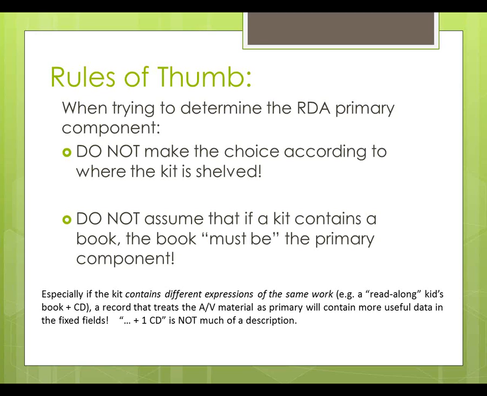So you don't have to make that choice at the very beginning, and you shouldn't. You shouldn't assume that anything that has a book in it means the book is the primary resource. I know librarians tend to like books, but that is reductive and it leaves information out of the catalog that otherwise you could find room for.